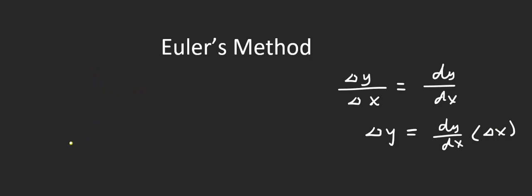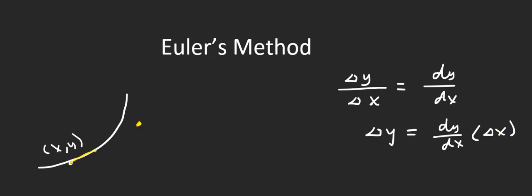Let's say you have an original curve, and you know that there's a point x comma y. So let's say you want to approximate another point using dy over dx. Let's say there's another point over here.